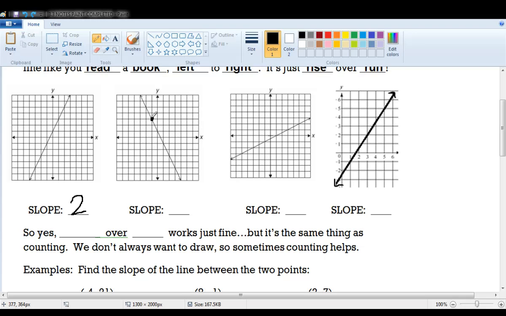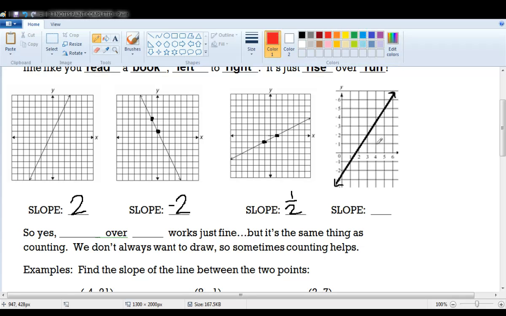Now, this next line, if you look from left to right, it's going down. It's still going down by 2 every time it goes to the right by 1. So it's still going to be 2, just negative instead of positive. Then you look over here, and now we're in the groove of it. Instead of 2 over 1, now it's going up 1 every time it goes over 2. So the slope is now 1/2.